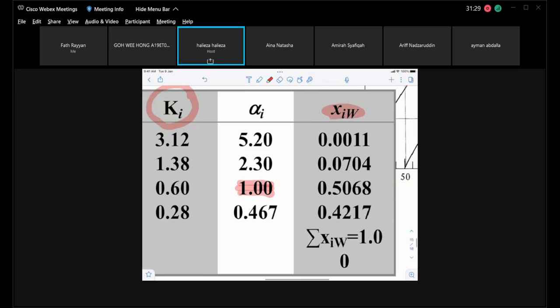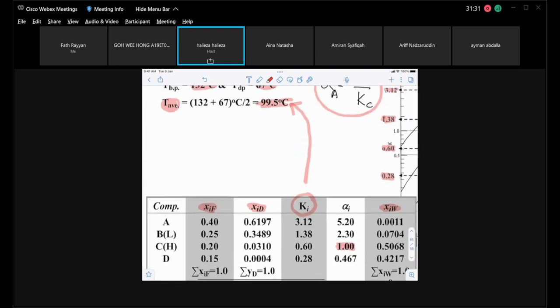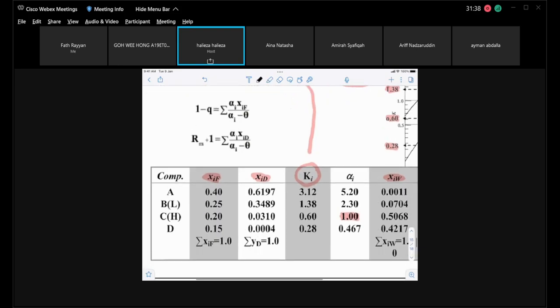Now going back to my equation, I'm going to paste the equation here. Now I'm going to get this. Oh dear. I'm going to read off the value of the composition from this column for every component.